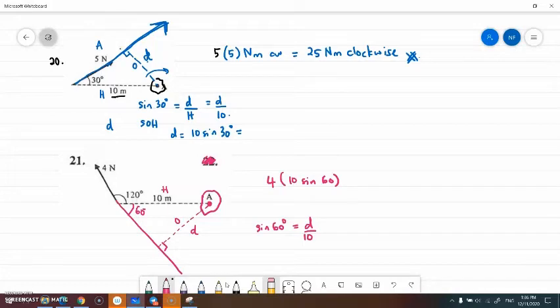For clockwise or anti-clockwise, if the force is like this, this would be clockwise, right? So we have 10 sine 60 times 4, so you get 34.64 Newton meter clockwise.